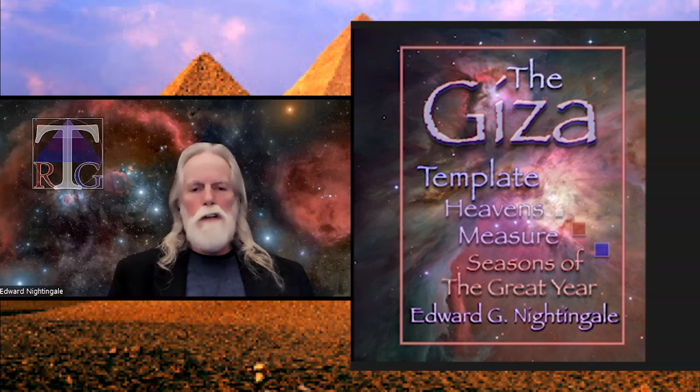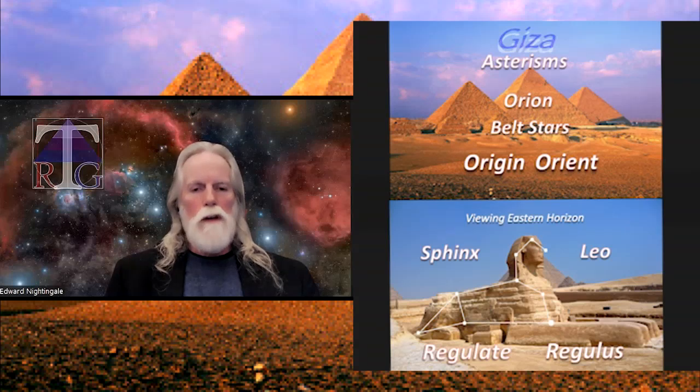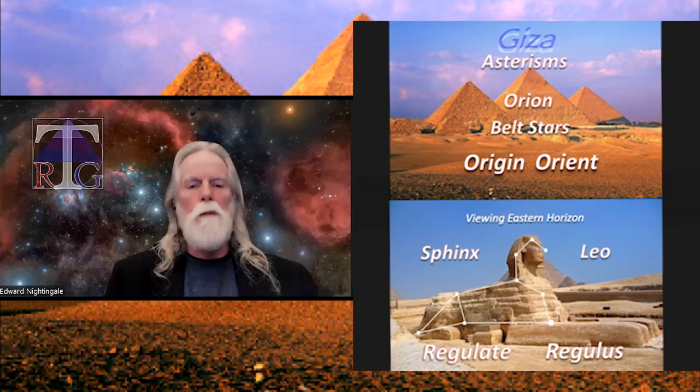Really, there's two celestial aspects to Giza. One being the Great Sphinx, the lion being Leo, and its counterpart in the sky is the asterism in the constellation of Leo, associated with the zodiac.